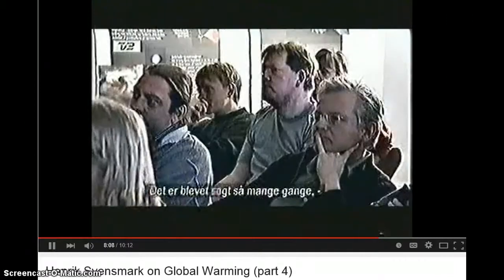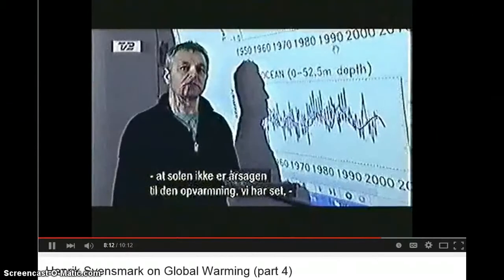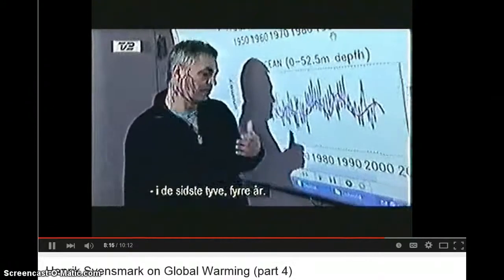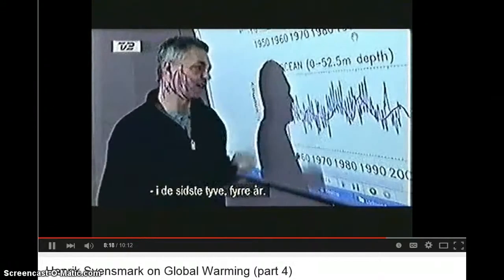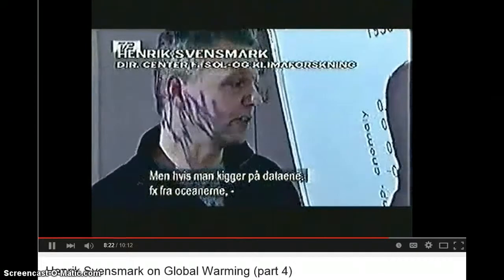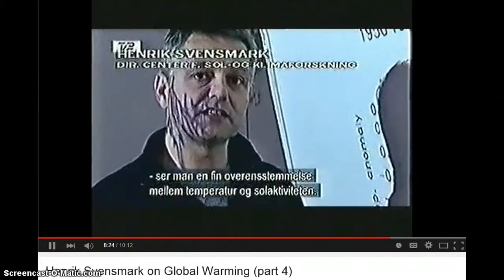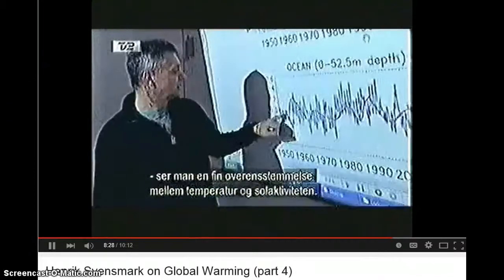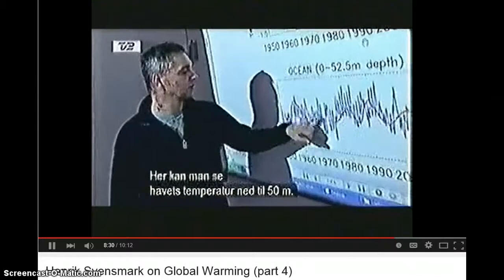it's very meaningful. It's been said so many times that the sun has not been responsible for the heating we have seen in the last maybe 20 to 40 years. However, if you look at the data, for instance the ocean data, you will actually see that there's very good agreement between temperatures and solar activity. What you see is the temperature of the ocean down to about 50 meters.